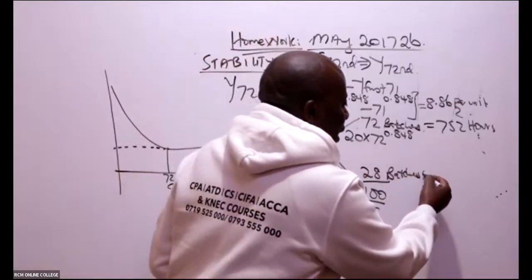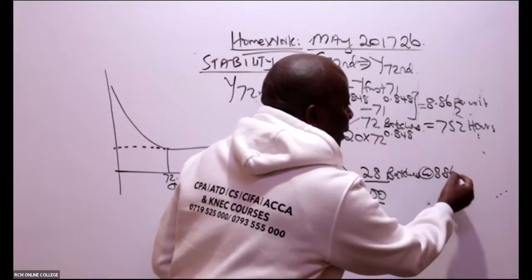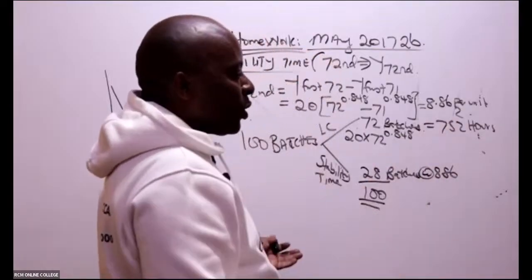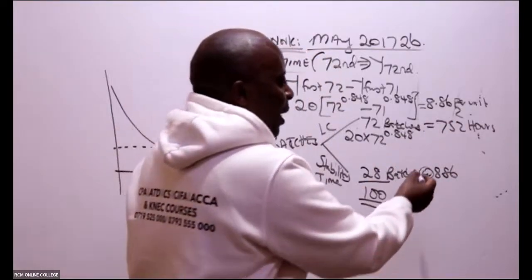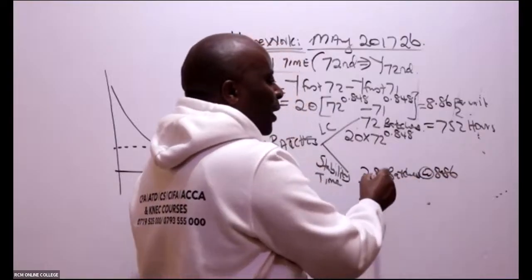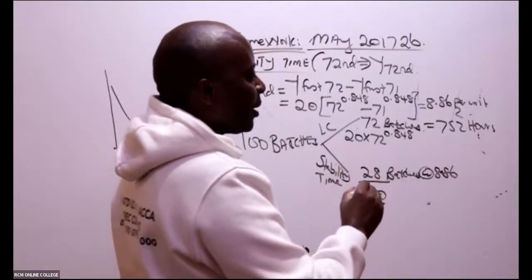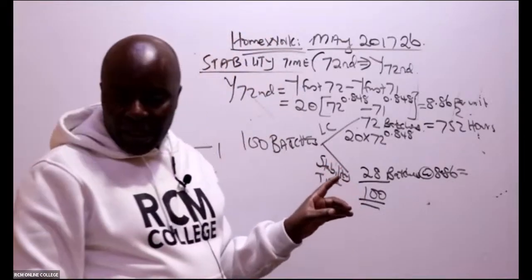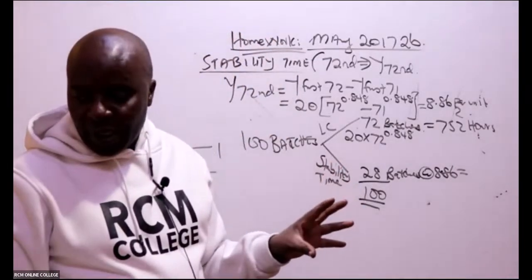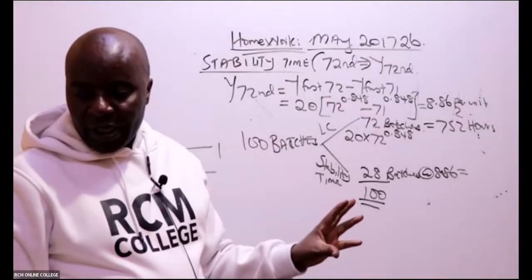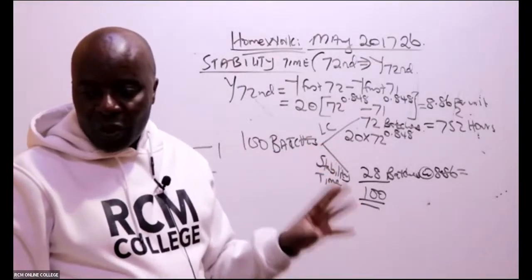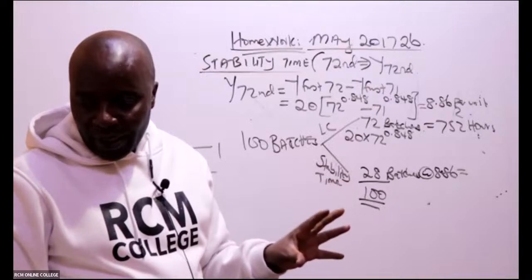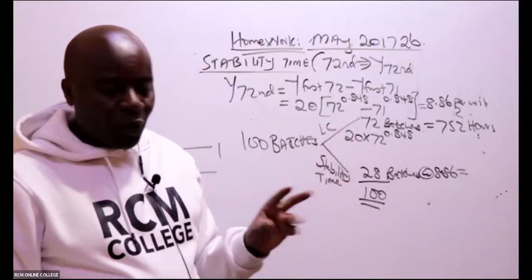So in this case, use the 8.86. It was per unit, per batch. 8.86 per batch. So we have 28 times 8.86. Thank you, Nancy. That will give us 248.